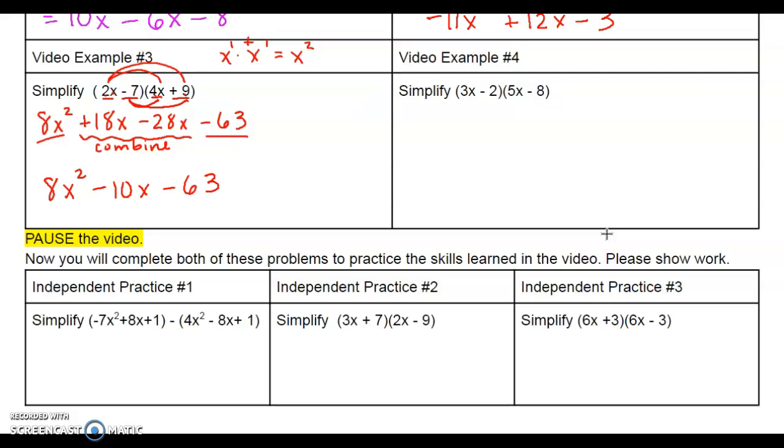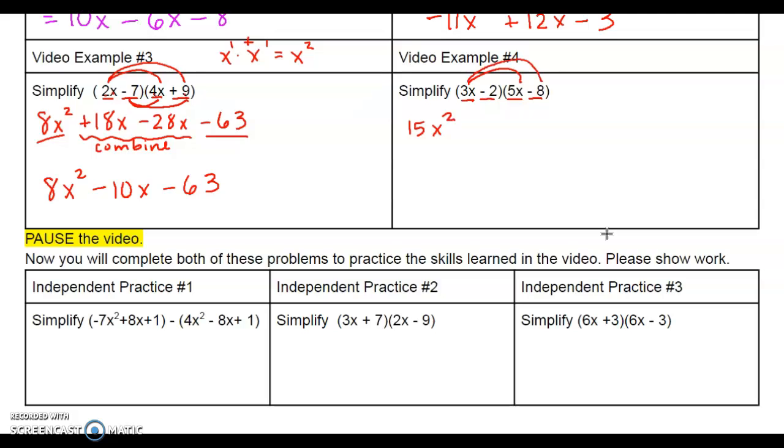So notice 2 sets of parentheses. I've got 3x minus 2 and 5x minus 8. So first we're going to multiply 3x times both of these. So 3x times 5x: 3 times 5 is 15, and remember x times x is x squared.